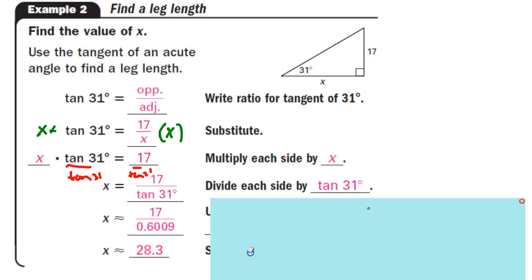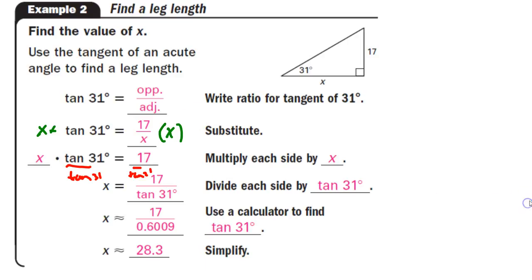I'm not here to work with you on your calculator, but you should figure out how to plug this in. If you have a scientific calculator, you can do 17 divided by tan, push the tan key, and then 31. Experiment with that and make sure you can get 28.3. Some calculators, the input is a little bit different than others.